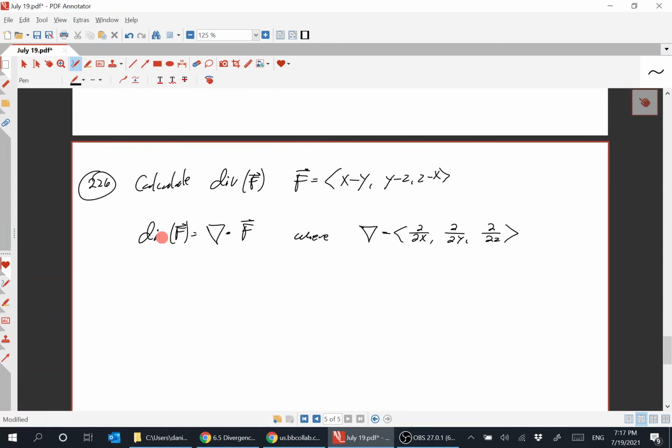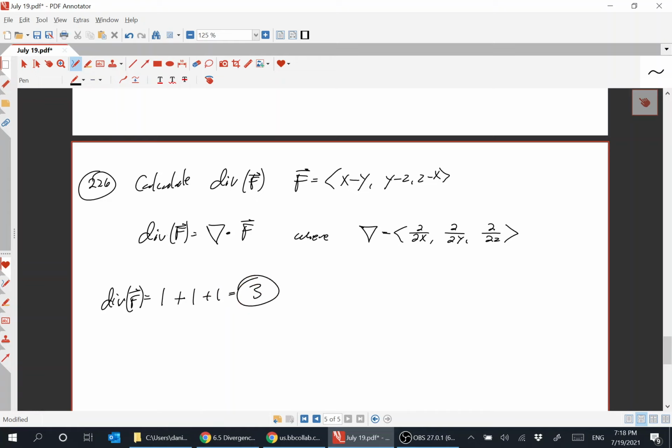So here the divergence of f is equal to, well, the partial derivative of this with respect to x, which is 1, plus the partial derivative of this with respect to y, which is 1, plus the partial derivative of this with respect to z, which is 1. So it's just 3.